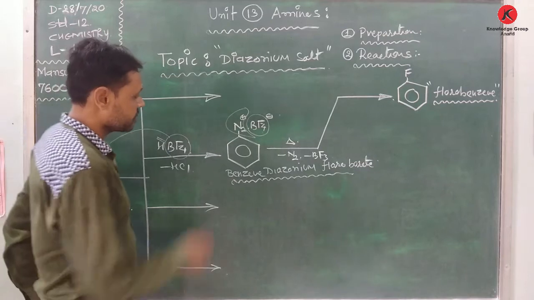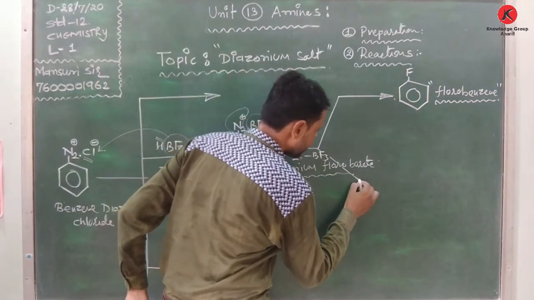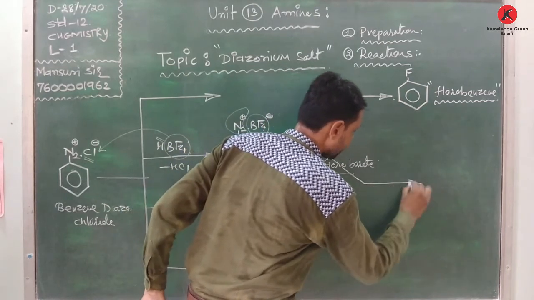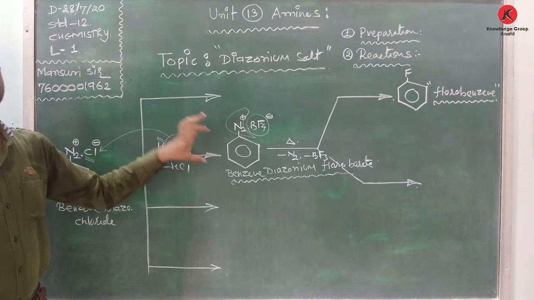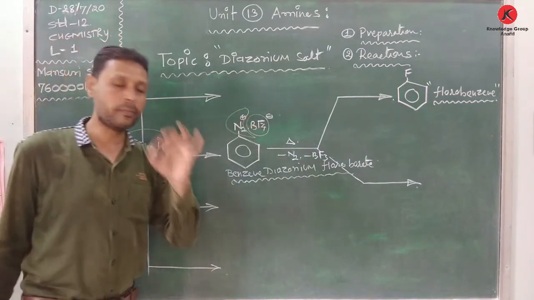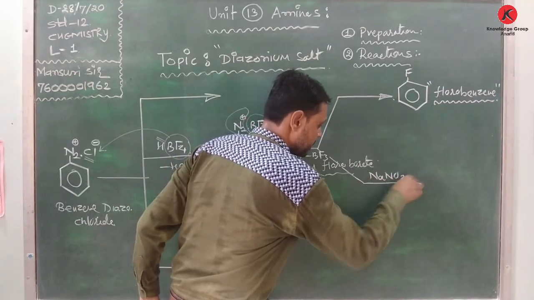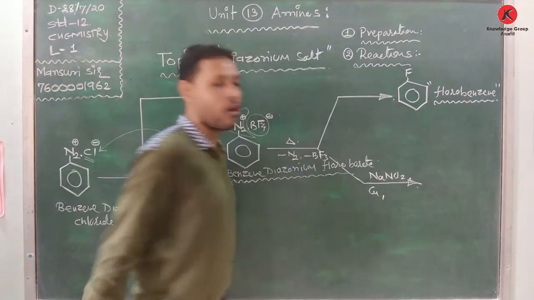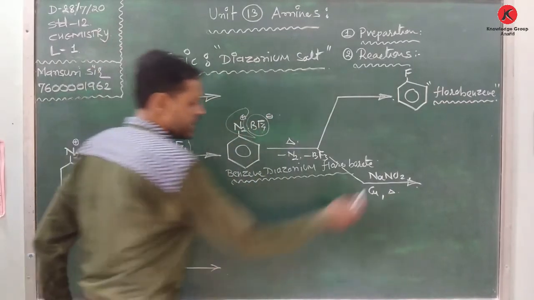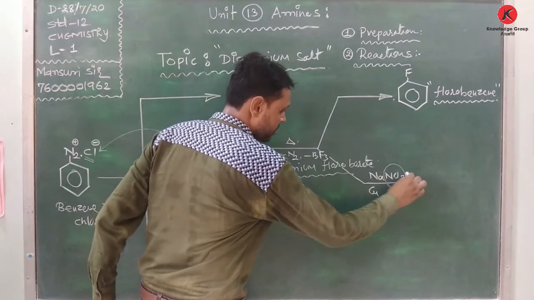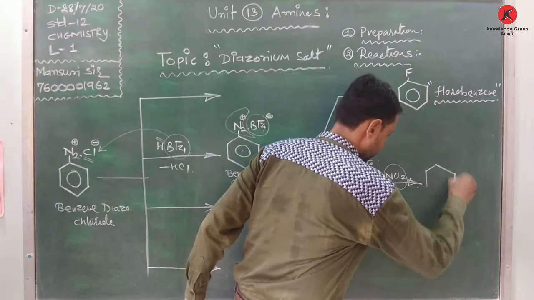And after that, in this reaction, when benzene diazonium fluoroborate is obtained, at that time sodium nitrite is given in the presence of copper and some heating. That is why we obtain a nitro group on the benzene ring. How is it possible? Let me discuss.